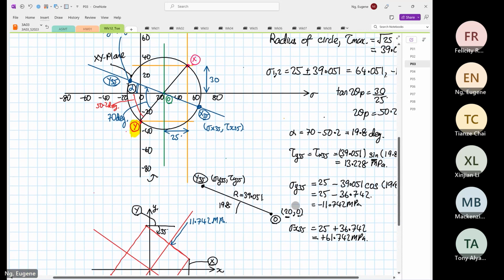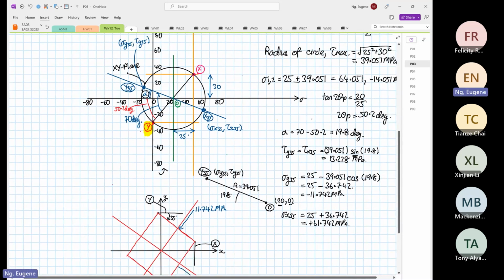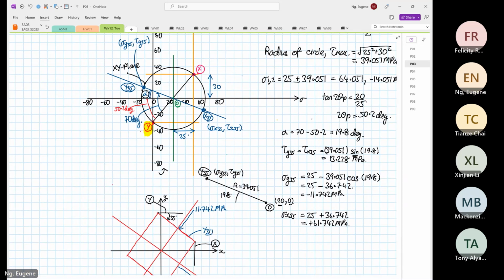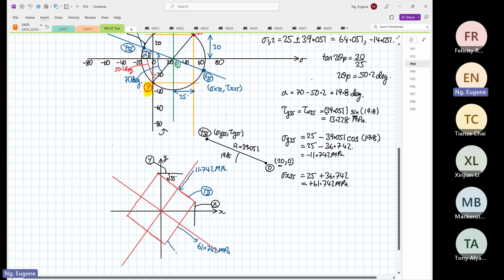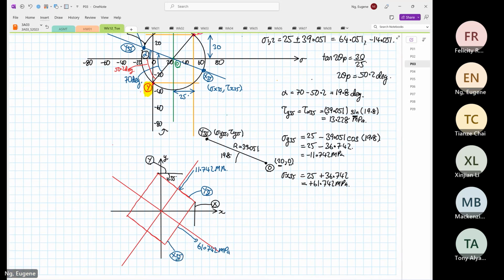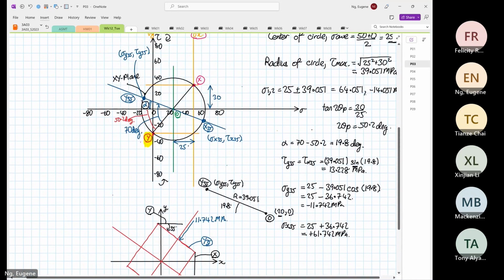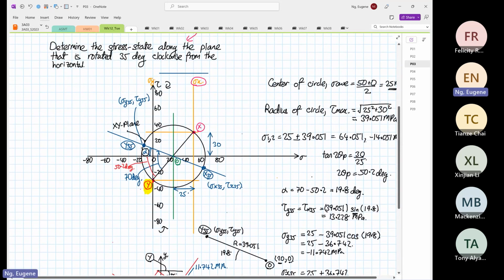Okay. Let's focus on Y. So this is our Y35, right? This is our X35. Okay. Now, if you look at the Y35, the element has to rotate what?